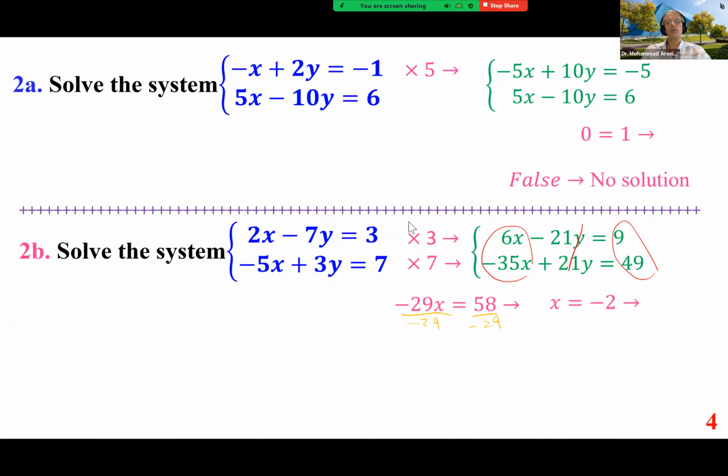We use one of the original equations, for example, the first one, 2x minus 7y equals 3. So if we use that, we replace the x with negative 2. This becomes minus 4. We move it to the other side, becomes positive 4. And y becomes negative 1.